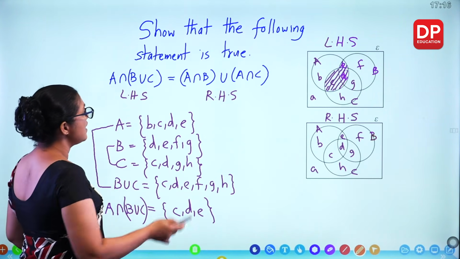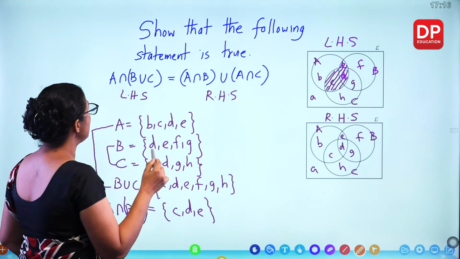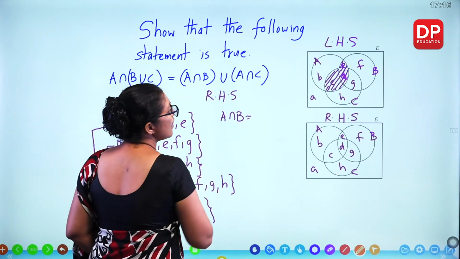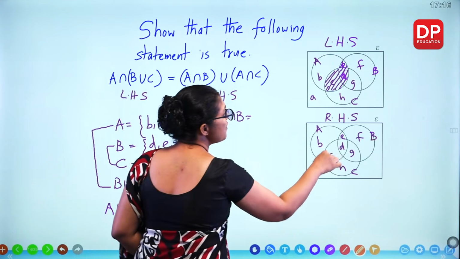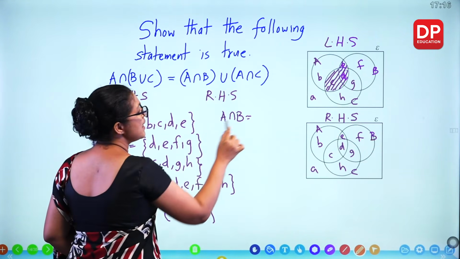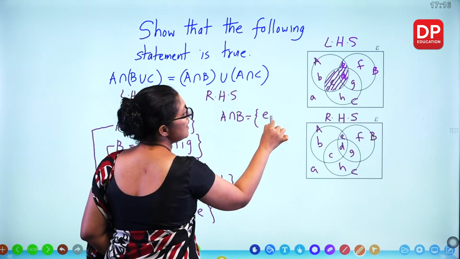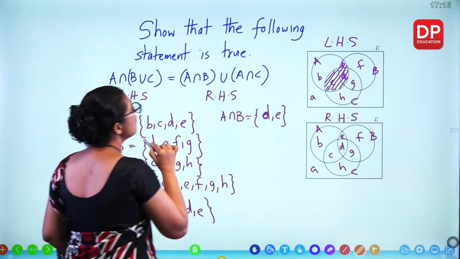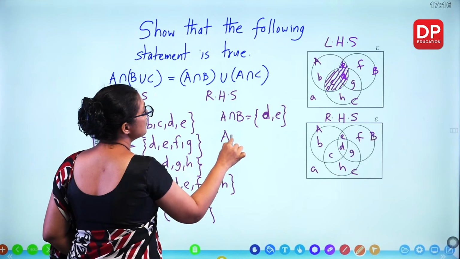Right hand side, I need A intersection B. What is A intersection B? A intersection B is the common region for A and B. That's E, D or D, E. What's A intersection C?